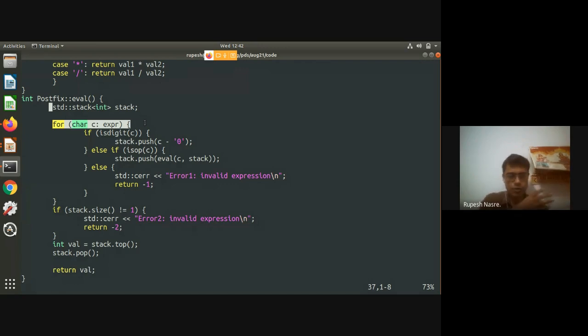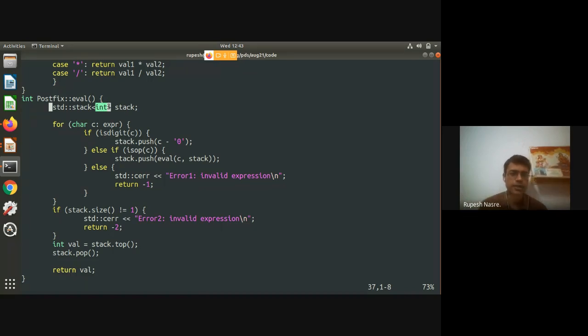But you can just go over the string as for i equal to 0, i less than expr.length, i plus plus, c equal to expr of i, right? So that is exactly what this is doing. If it is a digit, then I push it to the stack. What do I push? The stack is of integers, right? The stack is not of characters. So the original expression is in characters, but what I'm pushing is actually an integer.